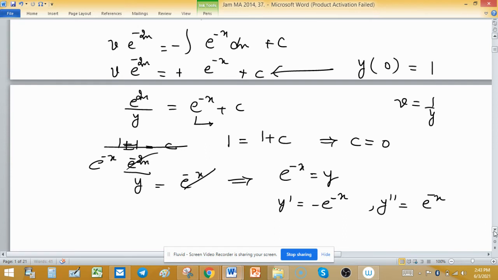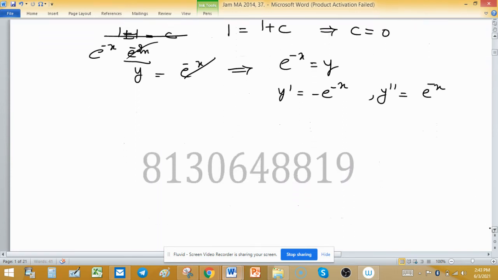Use these y prime and y double prime in equation Q, which is given as y double prime minus 2y prime plus alpha y equal to 0.